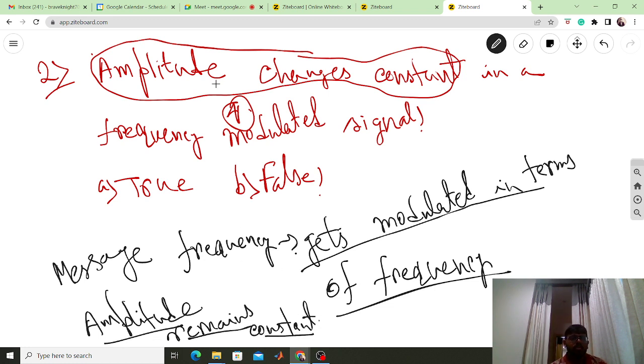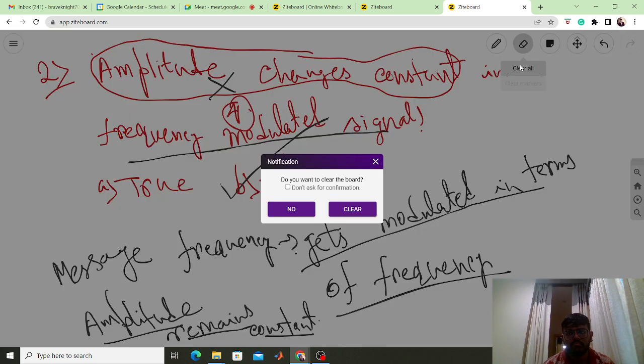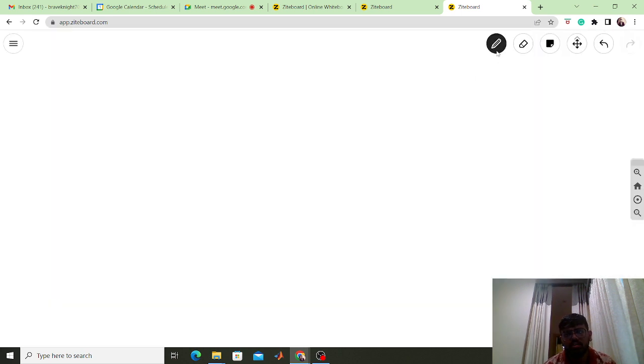So amplitude does not change constantly for a frequency modulated signal. So the right option is false. Okay. Now let us go to the third question.